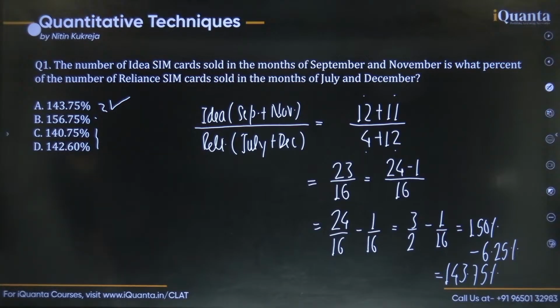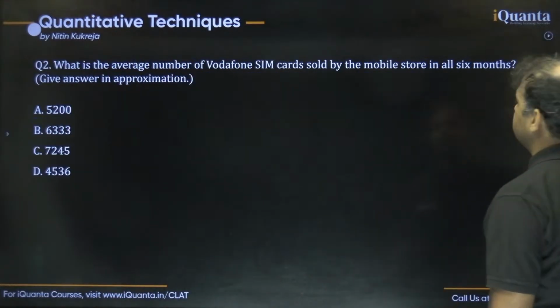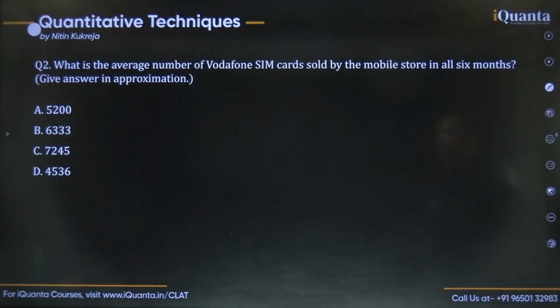Alright, I believe we can go further, and you can try another question. Question number 2. All of you just look at this question once and try to solve it.